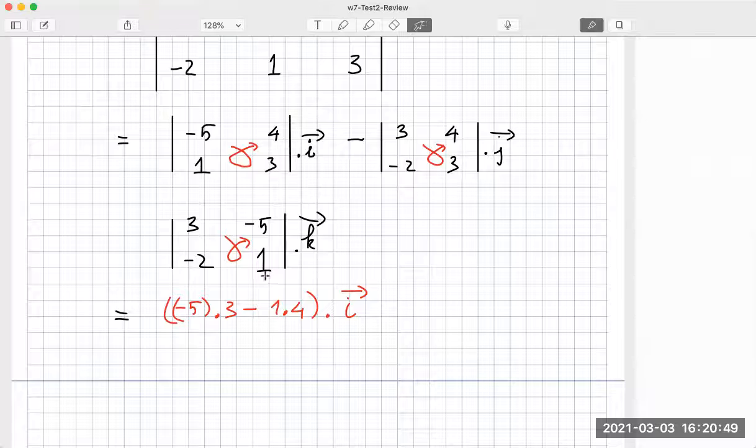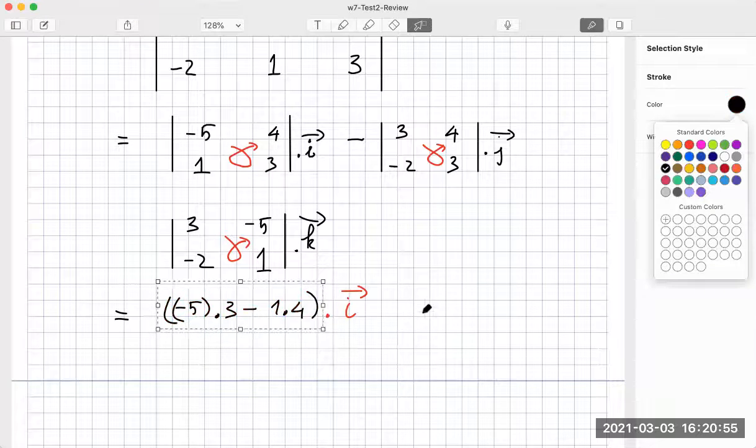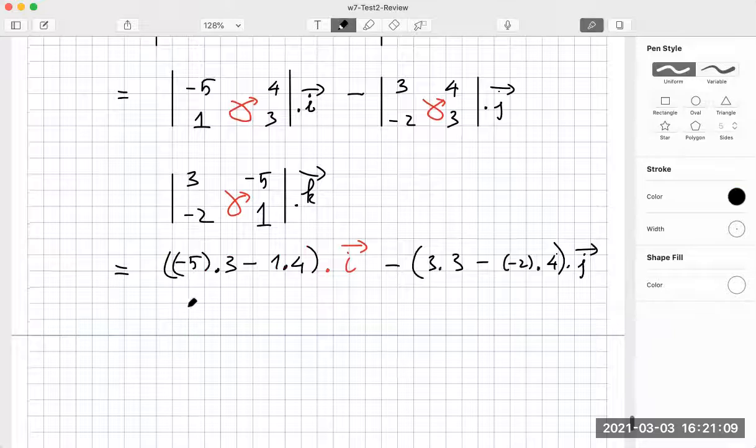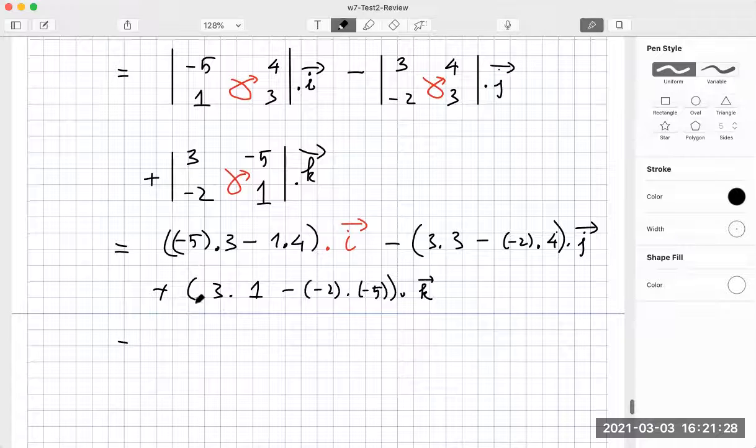The second one will be subtract 3 times 3 minus negative 2 times 4, vector j, plus 3 times 1 minus negative 2 times negative 5, times vector k. Okay, simplify it.